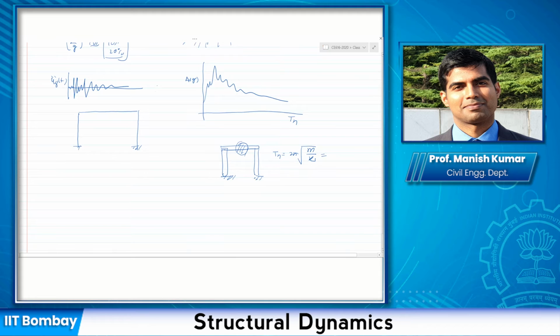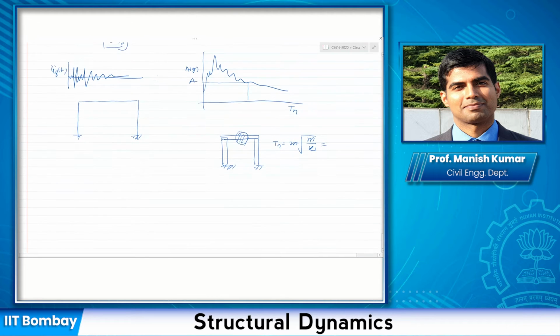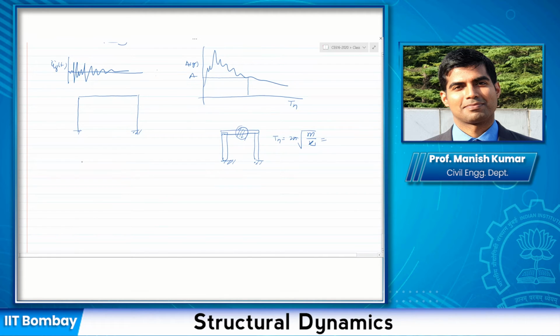Once that is found out, you are going to refer to the response spectra provided to you and look at the value of acceleration. Then either you can apply the equivalent static force, which is mass times acceleration, or you can compute the peak displacement, which is nothing but A divided by omega n square, which would be (Tn by 2 pi) whole square times A. So that Fs naught can also be written as k times u naught.